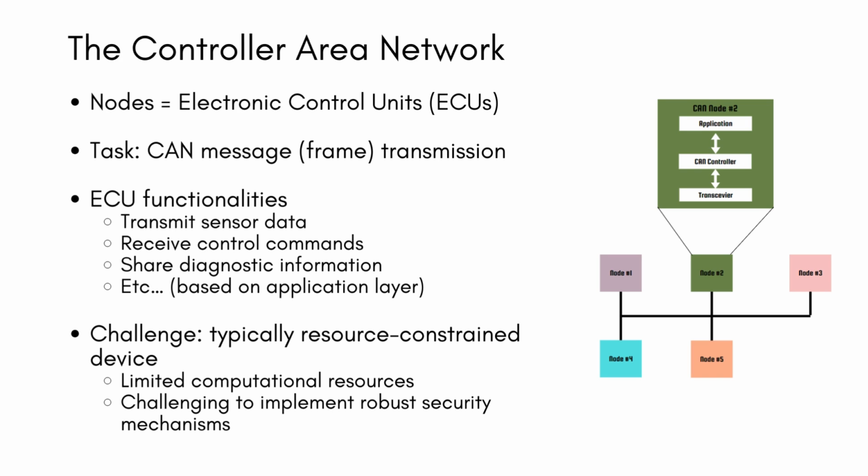The CAN controller implements the CAN protocol requirements. Specifically, it provides message framing. That is, it prepares the message according to the CAN protocol. The controller is also in charge of identifying messages that are relevant to the ECU and discarding the remaining messages. This is known as message reception and filtering.